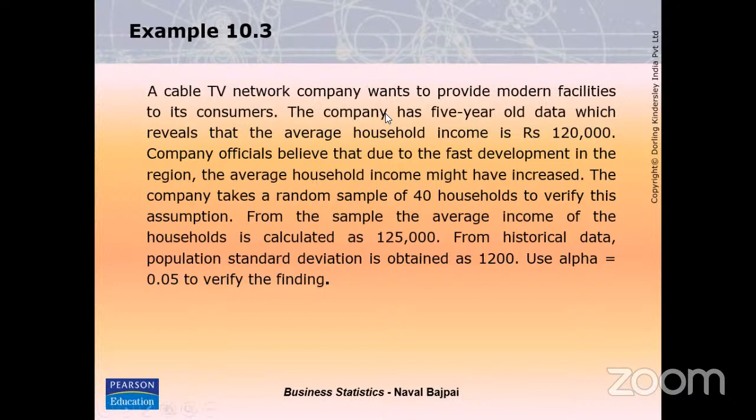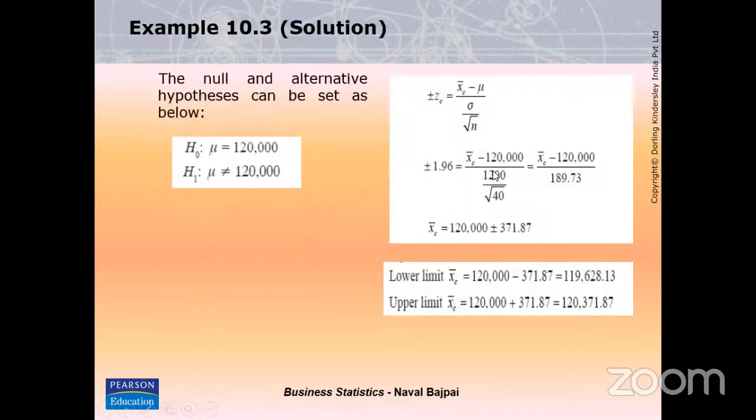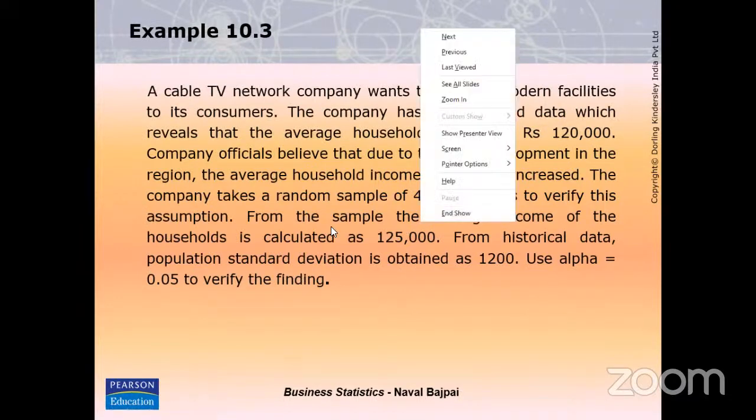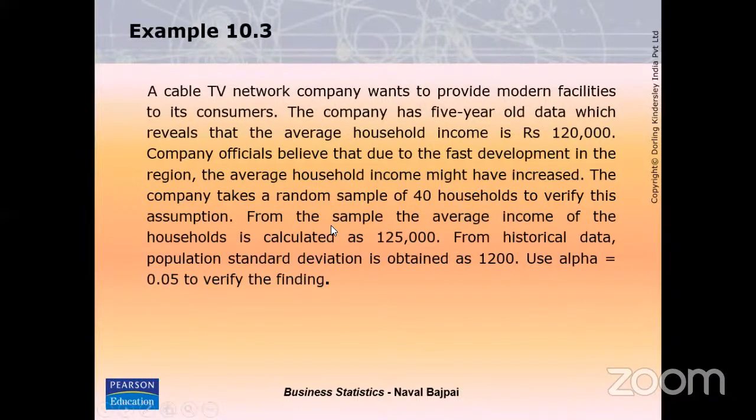From the sample, the average income of the household is calculated as 1,25,000. The population standard deviation is 1200. Use alpha 0.05. Again, we have to use 95% confidence interval, and we have to check whether the average household income is 1,20,000 or not.